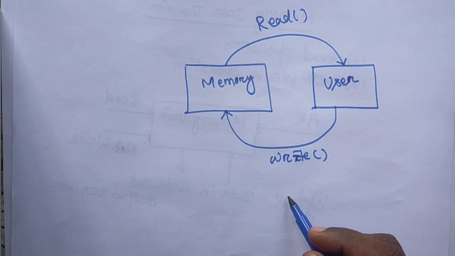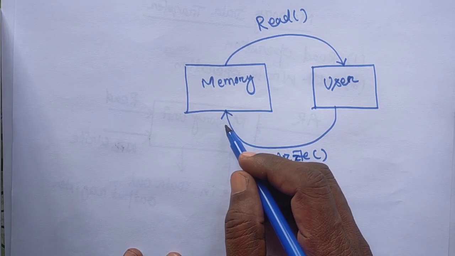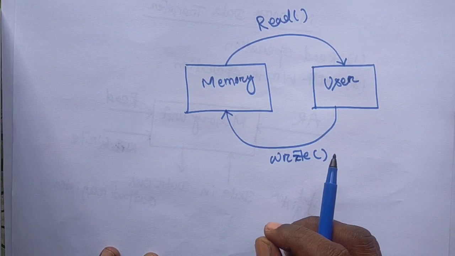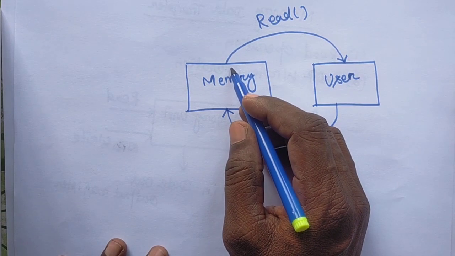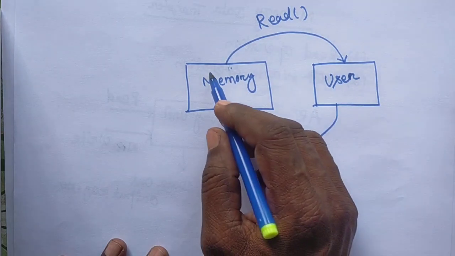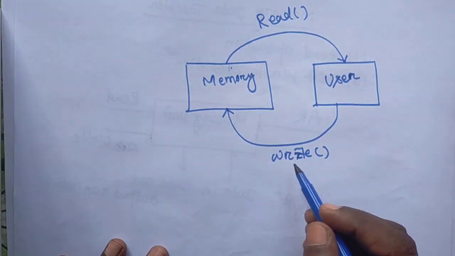We need to read the data from memory, or we can write data into the memory, and based on that, we decide which operation we need. This is the basic concept we have to remember. The transfer of information from the memory unit to the user end, we can call a read operation.